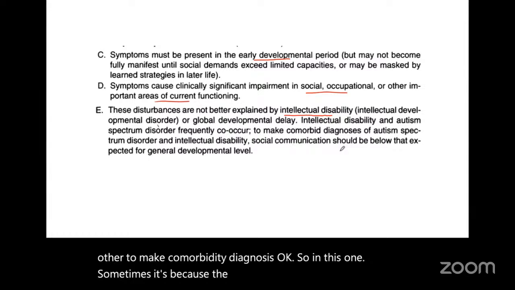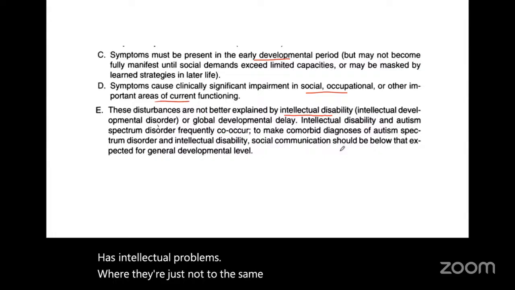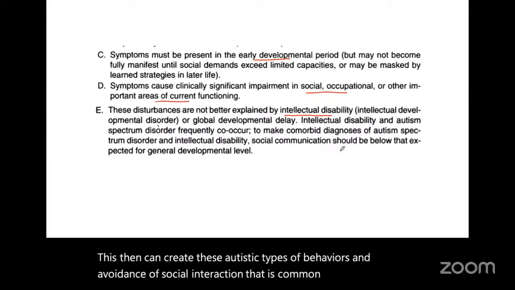Okay, so in this one, sometimes it's because the child has intellectual problems where they're just not at the same level that their peers are. This then can create these autistic types of behaviors and avoidance of social interaction that is common among autistic children.